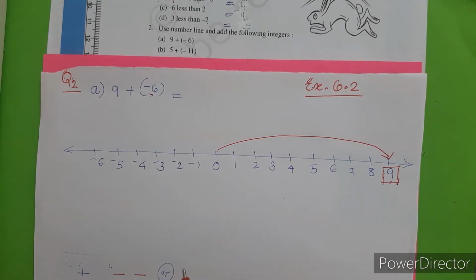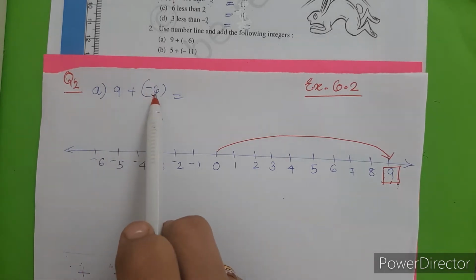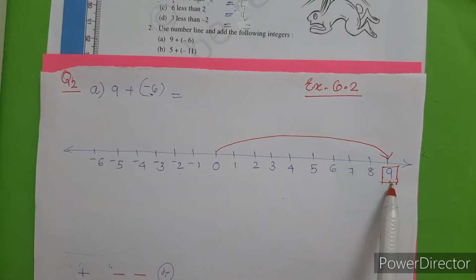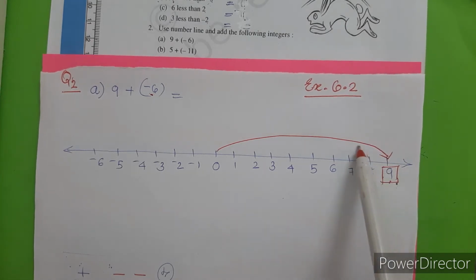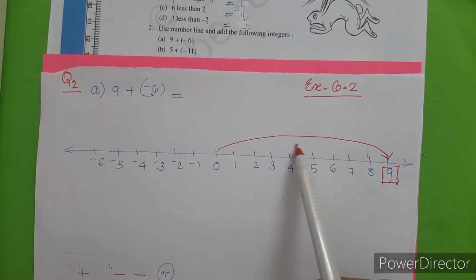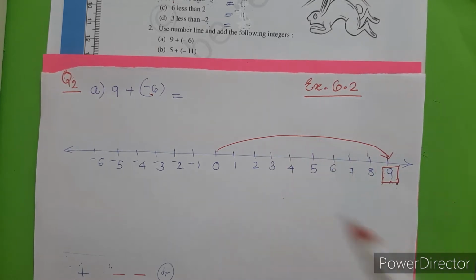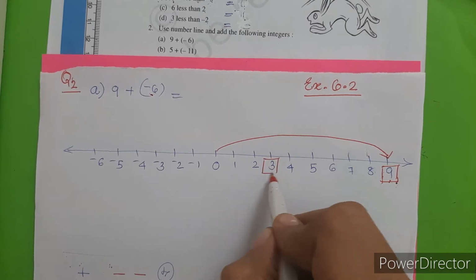We have to add minus 6 to 9, so we have to move 6 points left of 9. We start from 9: 1, 2, 3, 4, 5, 6.